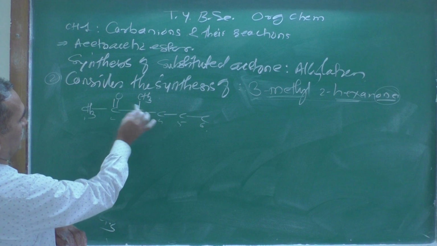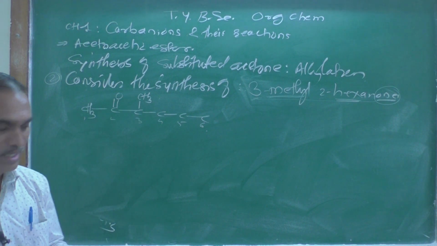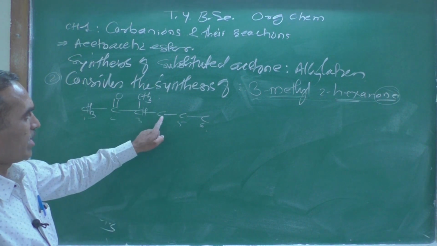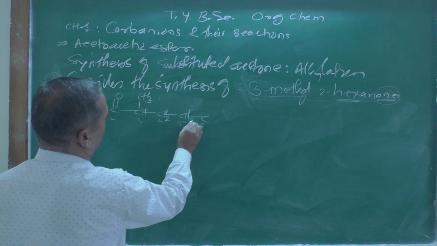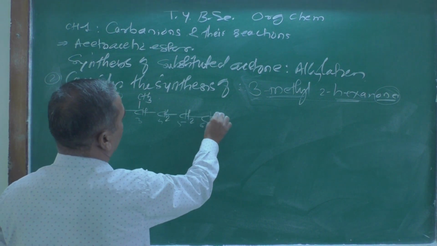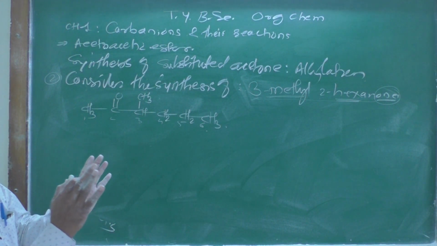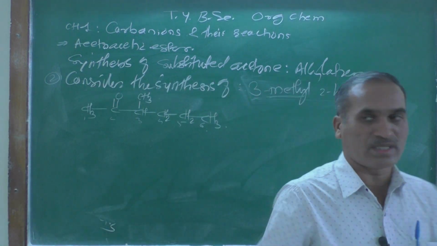Here 1, 2, 3. So how many hydrogen atoms should I place here? Here I am placing 1 hydrogen atom. Here I am placing 2 hydrogen atoms, here 2, and this is again a terminal CH3. This is the structure of the target molecule.